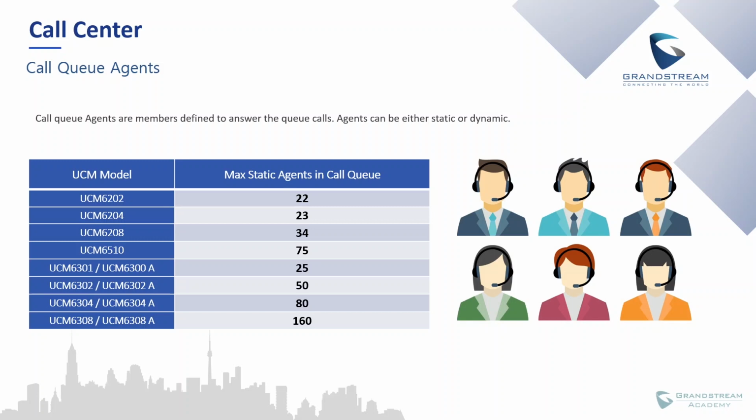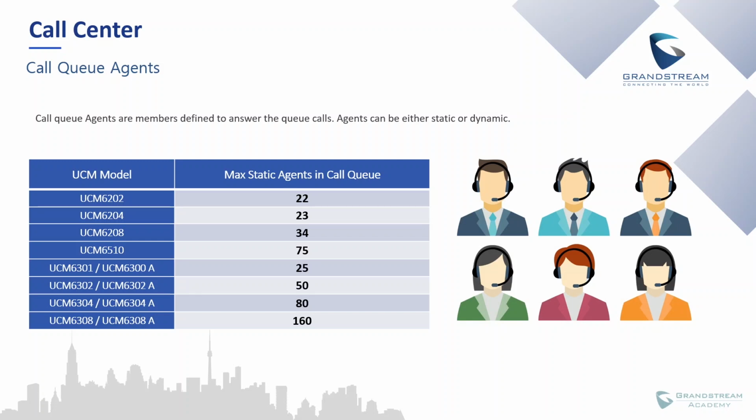UCM 6202 supports up to 22 agents in a call queue. UCM 6204 supports up to 23 agents in a call queue. UCM 6208 supports up to 34 agents in the call queue. UCM 6510 supports up to 75 agents. The UCM 6301 and the UCM 6300A support up to 25 max static agents in the call queue.